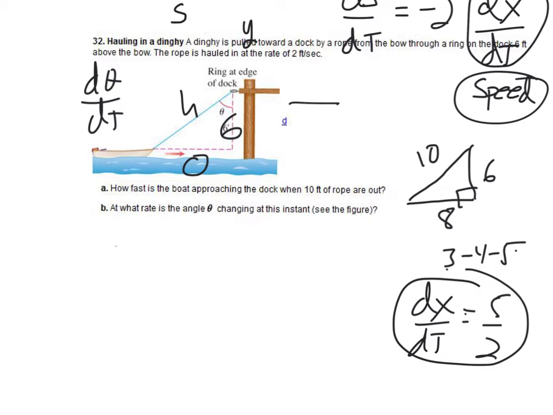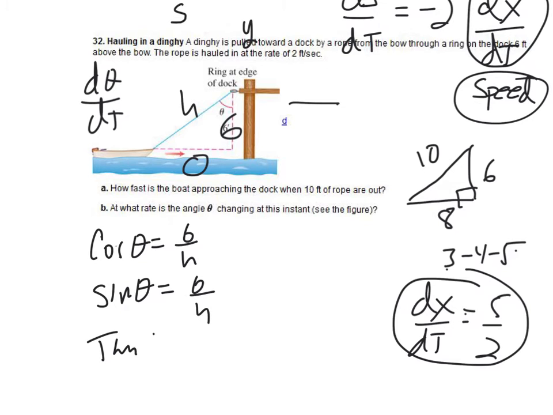I could say the cosine of theta equals 6 over h. I could say the sine of theta equals 6 over h. I could also say the tangent of theta equals x, which is my opposite, over 6.